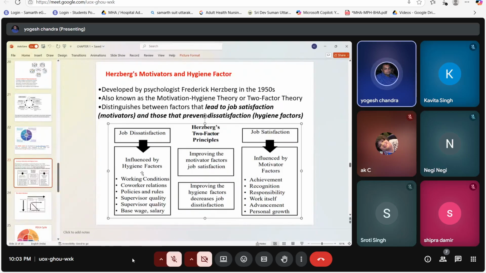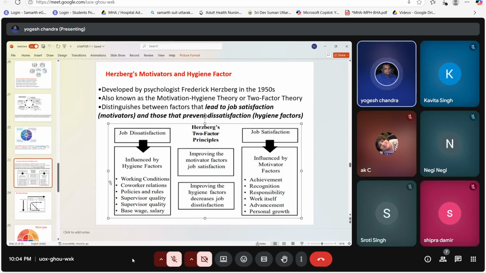And if you are working positively in this field, job dissatisfaction decreases. So as a leader, you have to balance hygiene factors and motivator factors. You cannot focus only on the hygiene factors and ignore the motivator factors. You have to focus on both concepts.